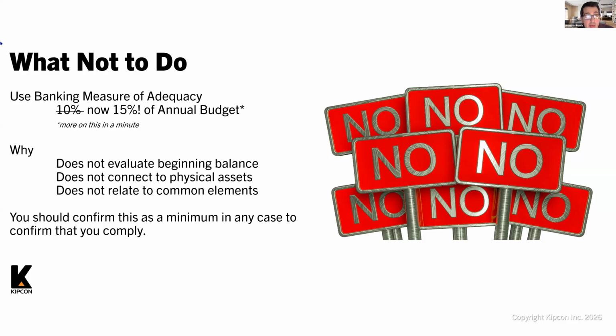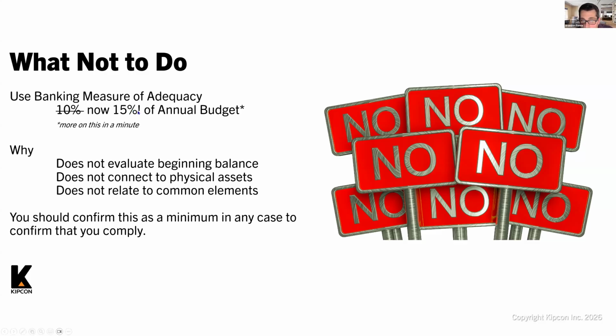So that's what the Fannie and Freddie requirements have been. That 10% has now been bumped up to 15% as part of this new change with Fannie and Freddie. Now, what that means is if you don't have a reserve study, so obviously the fact that we're talking about reserves, and I'm assuming most of your communities have reserves or have had reserves, if you have a reserve study and you're following the funding plan, or at least trying to, this 15% is arbitrary.